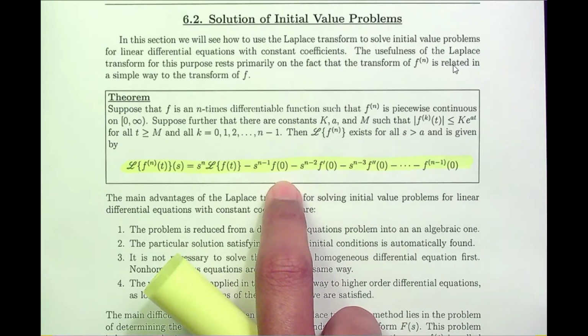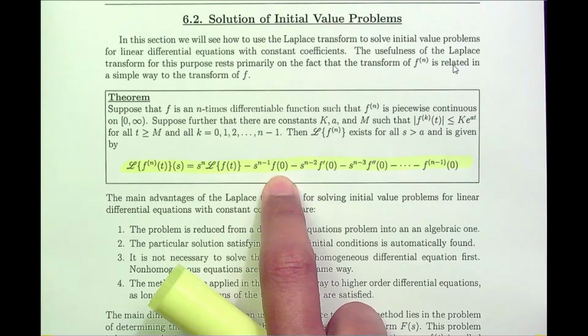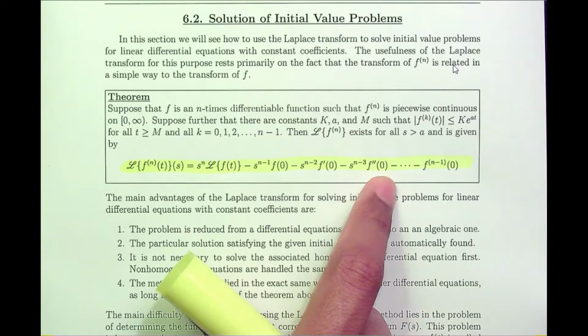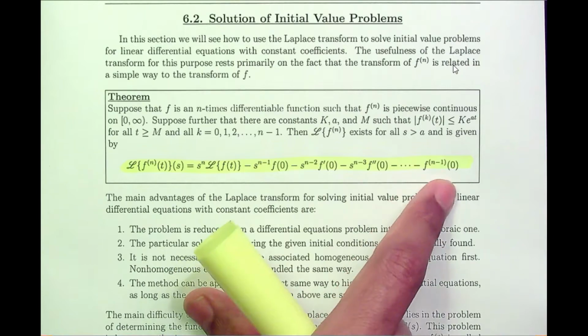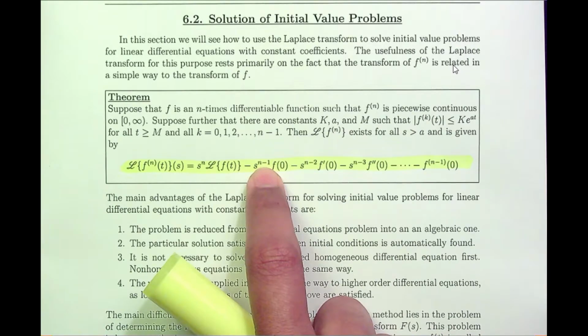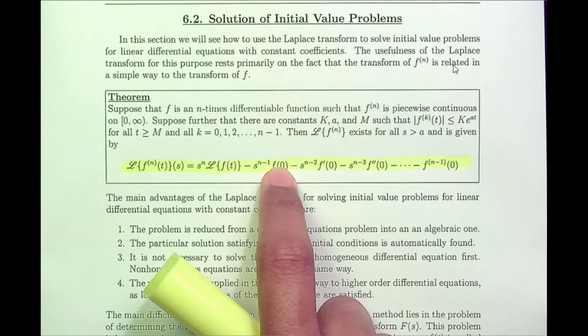And at the same time, the derivatives start increasing. So you start with the zeroth derivative, the do nothing derivative, so that's the original function. First derivative, second derivative, third derivative, fourth derivative, all the way to the n minus 1 derivative. And there's one more thing to notice. The exponent of the s and the order of the derivative, when you add those two numbers, they always add up to n minus 1.